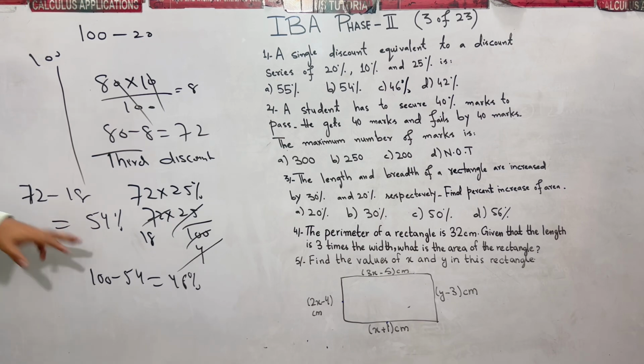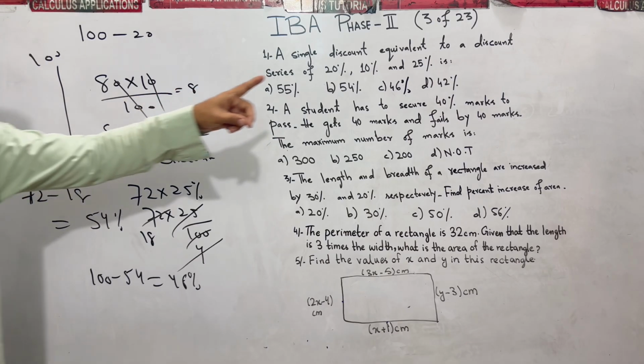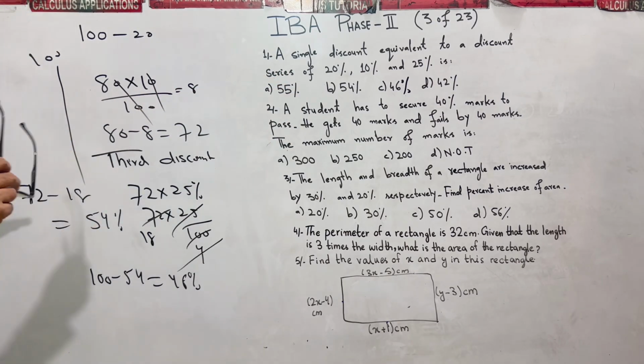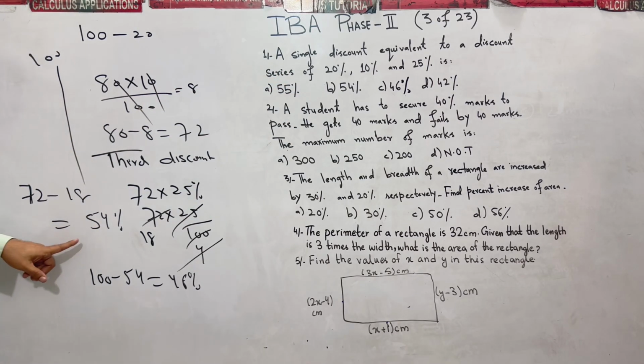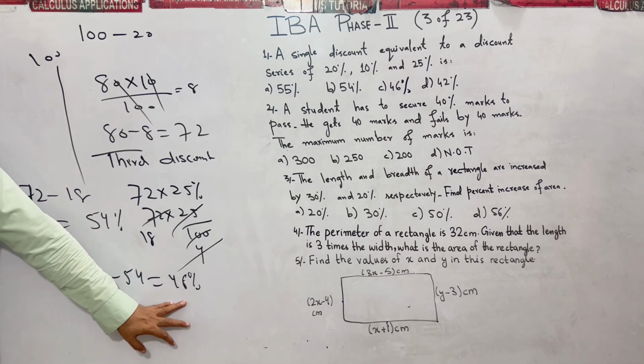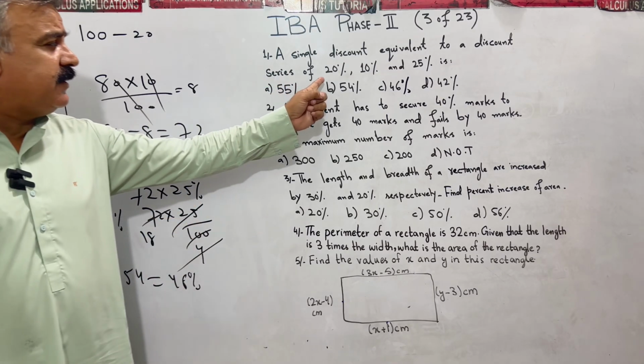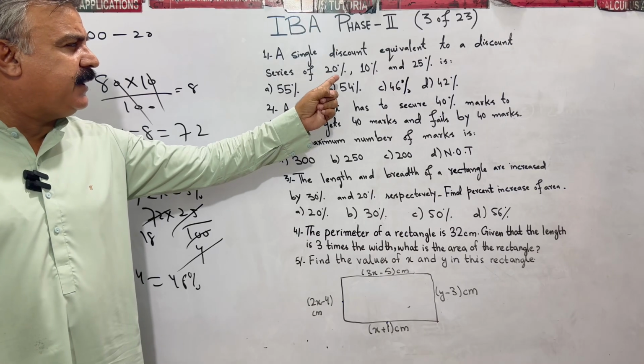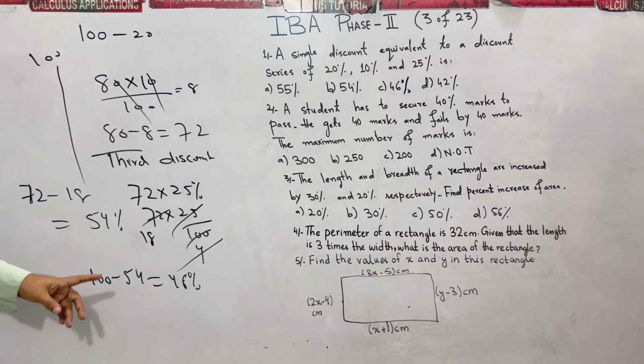That is the percent of the price we have to pay. We have been asked to find the equivalent discount, that must be 100 minus 54. 46 is the lump sum discount, equivalent to 20, 10 and 25.